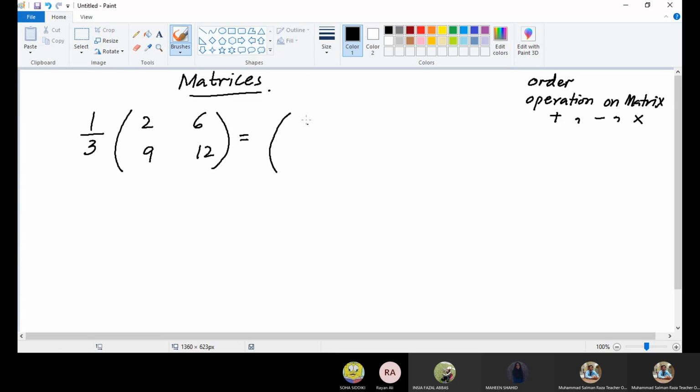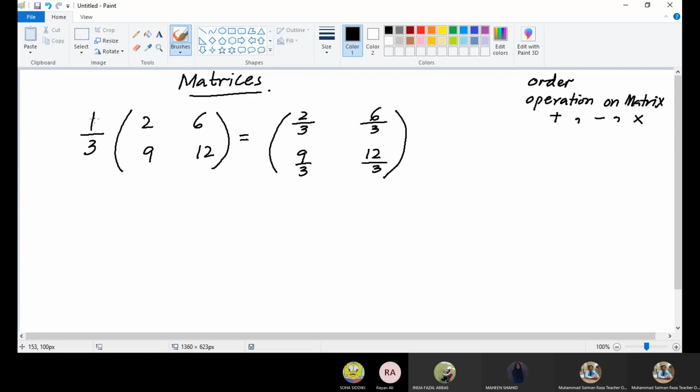We can do it like this: 2 upon 3, and then 6 upon 3, and then 9 upon 3, and then 12 upon 3. What did we do?